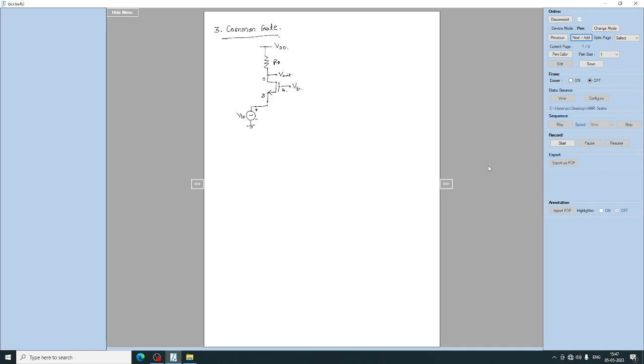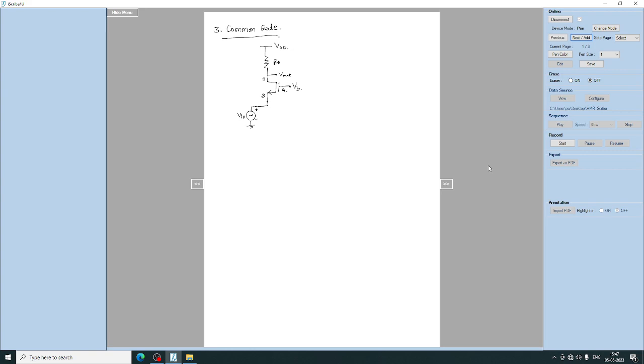In the common source amplifier and the source follower, both circuits we have discussed so far, the input is applied to the gate of the MOSFET. Here in the common gate we are giving the input to the source terminal. That is the important point to observe here.